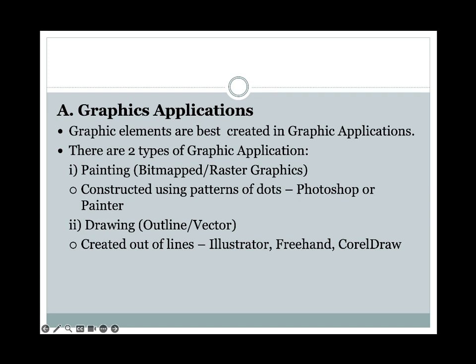There are two types of graphic application, which is the painting, whether you already rasterize all the graphics, which is also considered as the bitmap content or bitmap object, or you are using the drawing content like outline or vector graphic. So you need to see which application you use.